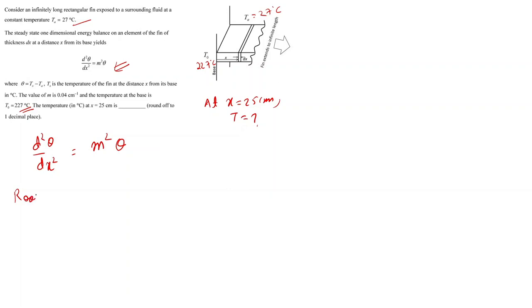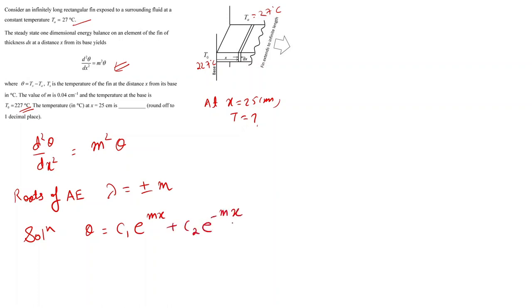So we can write that the roots of this auxiliary equation, lambda, will be equal to plus or minus m, and the general solution of the equation will be theta is equal to c1 e raised to mx plus c2 e raised to minus mx, where theta is given as Tx minus Ta. We will just replace it here.